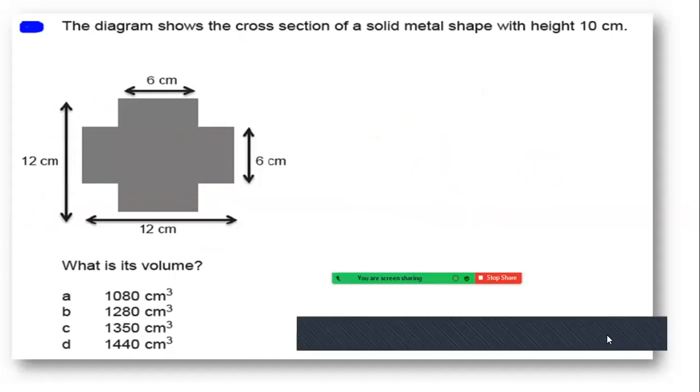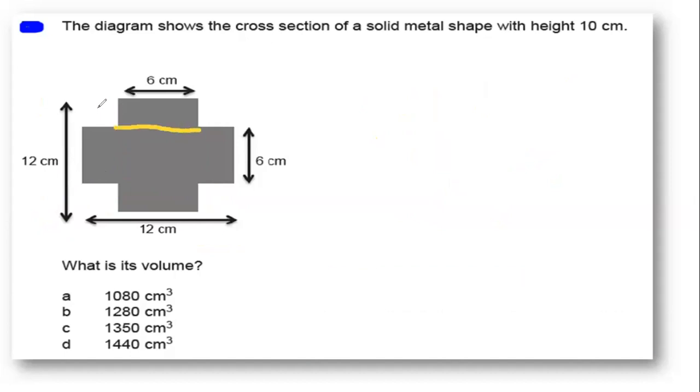Remember, I need the area of this section. I will say that this is 3. And isn't the shape a rectangle? Look at the shape here, it's a rectangle, not true? And how do you find the area of a rectangle? Length times width. What's 3 times 6? 18.